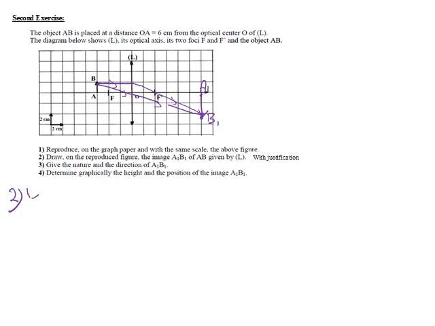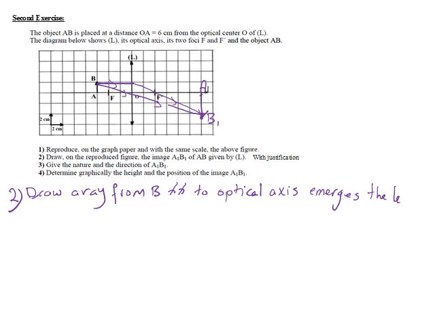Draw a ray from B parallel to the optical axis. It emerges from the lens and passes through F prime.